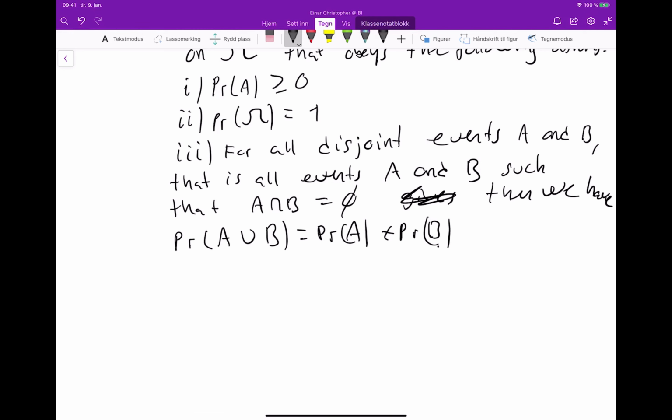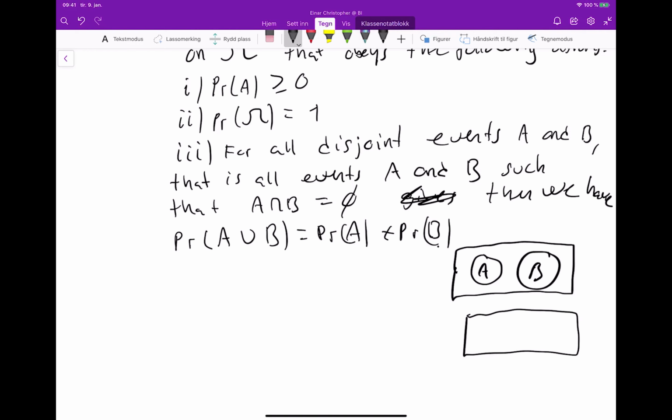So how could we visualize this? We could have A there and B there, and then they have nothing common, but if we did like this, so here we have this joint, but now they are not disjoint, and this area is A and B, not disjoint.